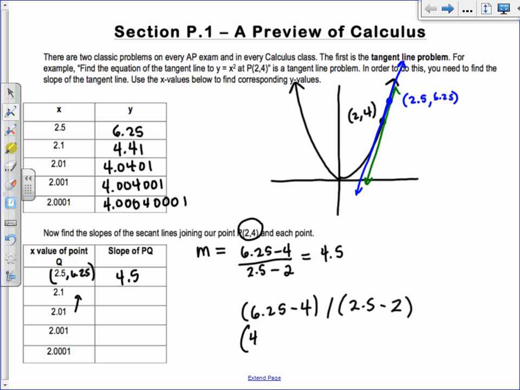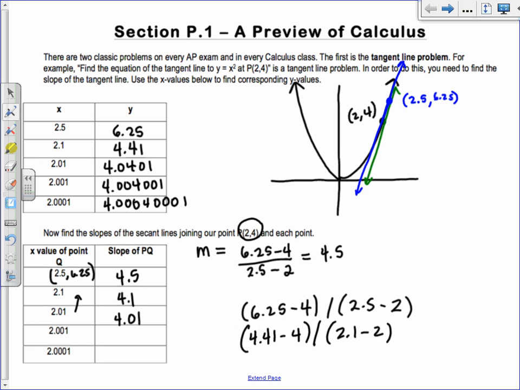I just edited it, and that's the second slope, so that's going to be 4.1. Then do the next one. You can insert numbers: minus 2.01. I get 4.01.